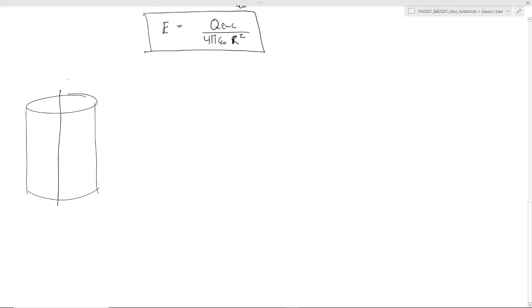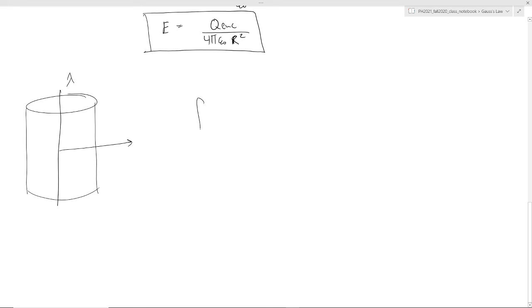And let me call the line's linear charge density lambda. And just like with the sphere, we know the electric field is going to be radially outward.